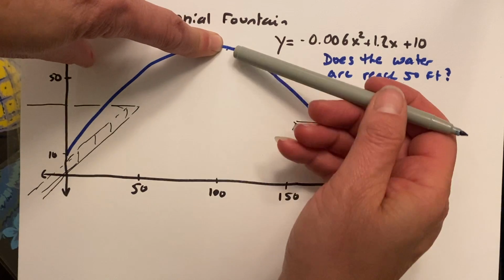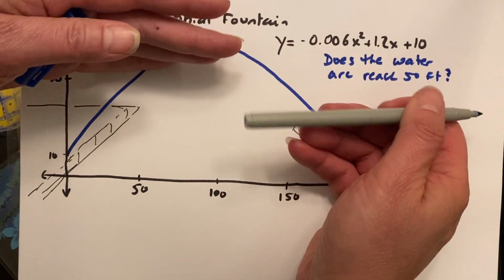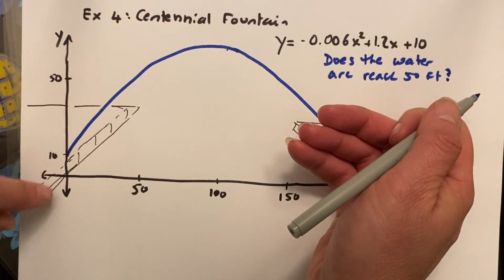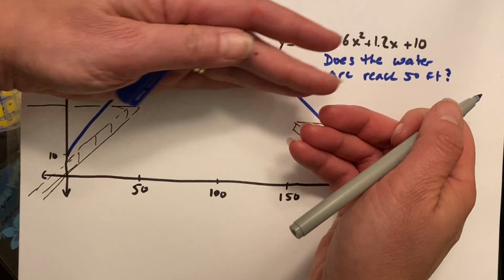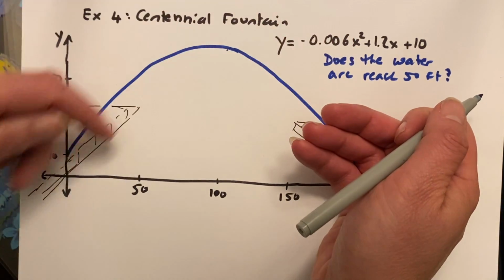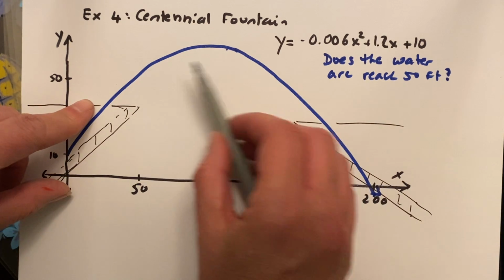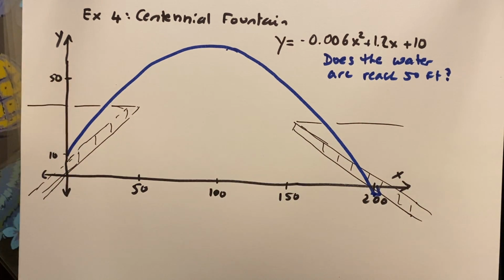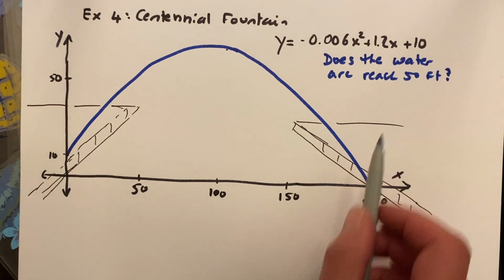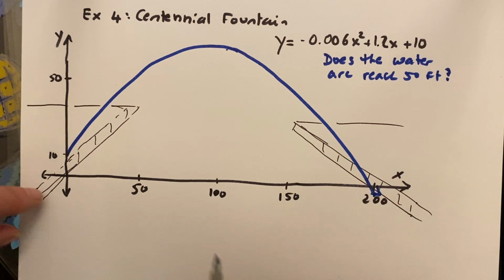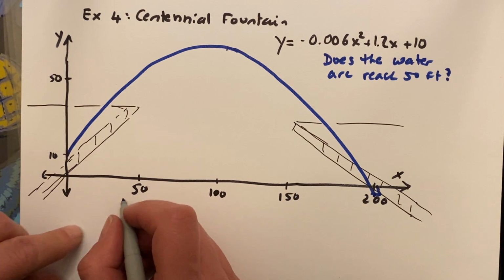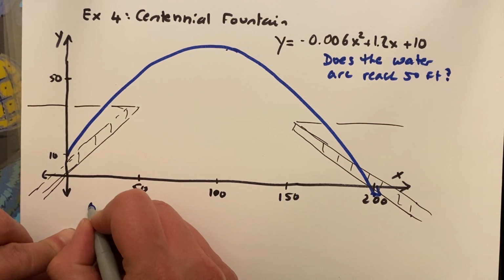And the reason this is not at 0 is because instead of using 0 as the intercept, we're using the line y equals 50 as the intercept. And if you have two solutions, it means it reaches it once here and once there. And so we are going to put that into the equation and figure out, does the water reach 50 feet, period. To do that, we're going to substitute this in.